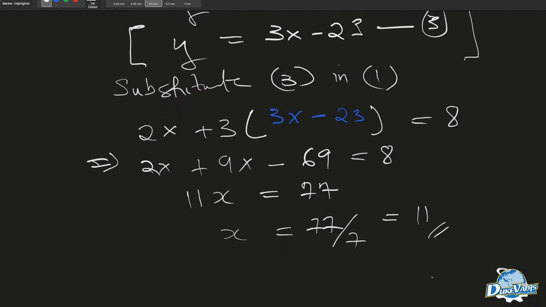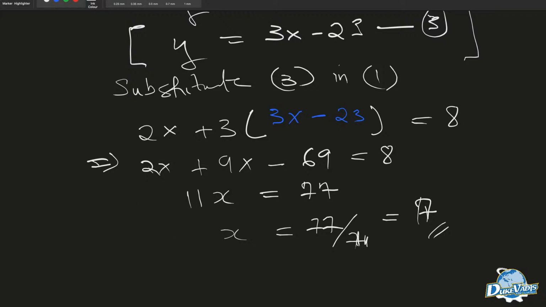So we've got our answer for that. Now I'm going to substitute the answer, 77 over 11, sorry. I think I'm going to clean this to present it very well so you guys will understand.